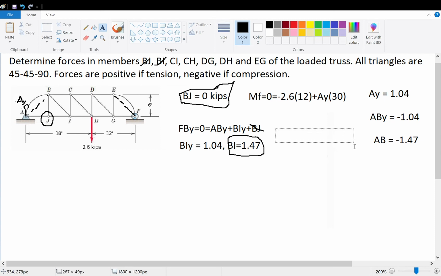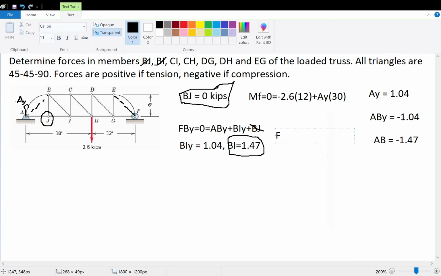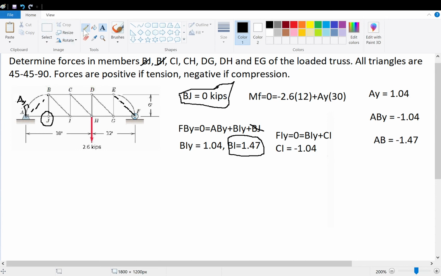So now you're going to do the net force about joint I in the y direction, which is equal to 0 because it's static, and that is equal to BIY plus CI. If you plug in the BIY that you just got, you'll find that CI is just equal to the negative of BIY, which means CI is equal to negative 1.04 kips. So that's another member that you've gotten. So now you've got CI.